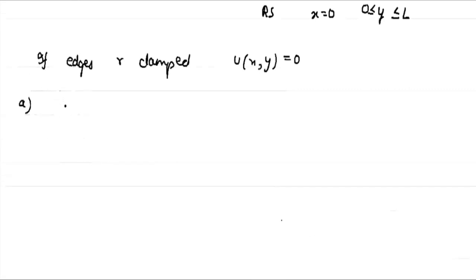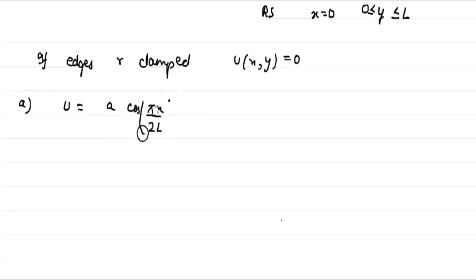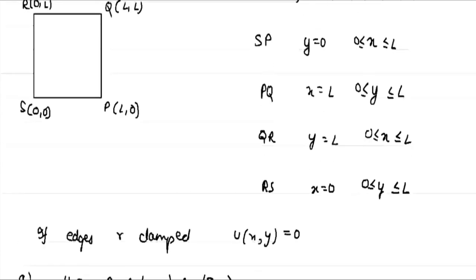So we write our first expression, where u is given as A cos(pi x over 2L) cos(pi y over 2L). Now this is our option A. Let's check for SP. For SP, y would be equal to 0.